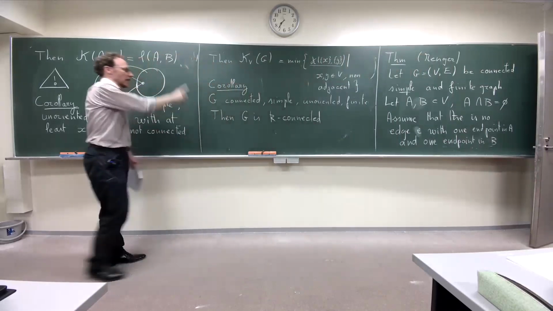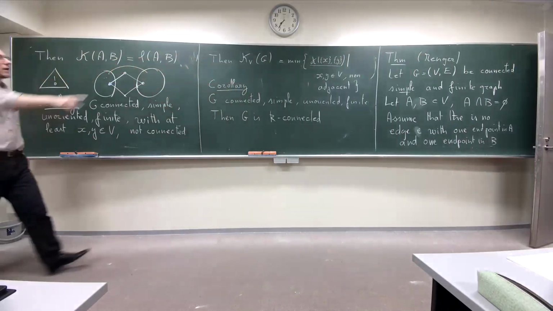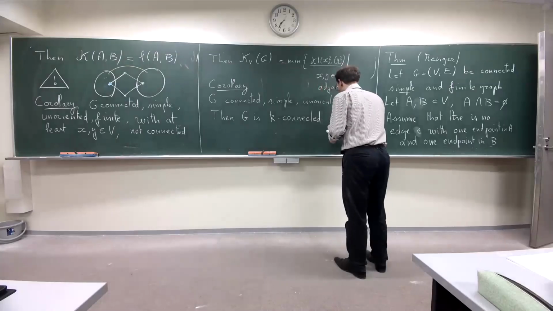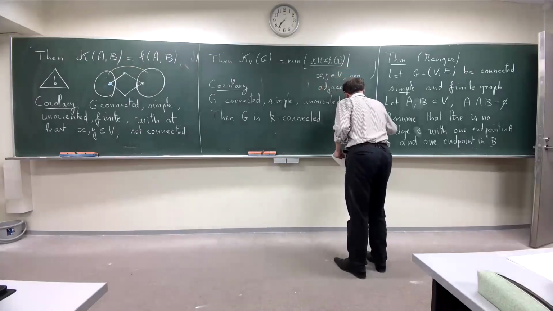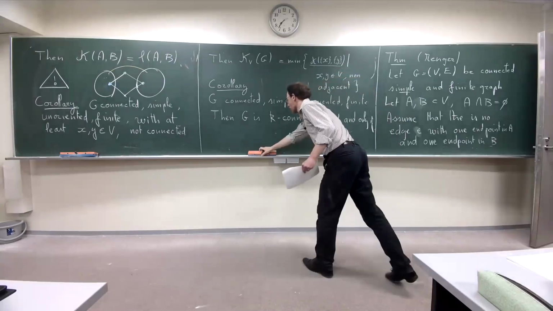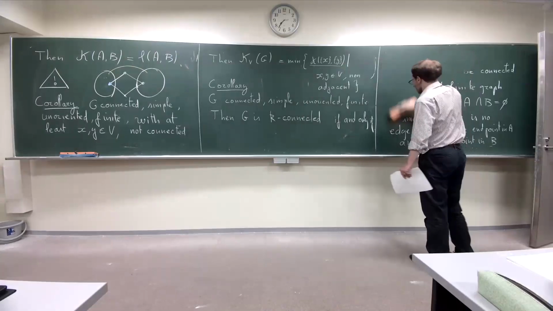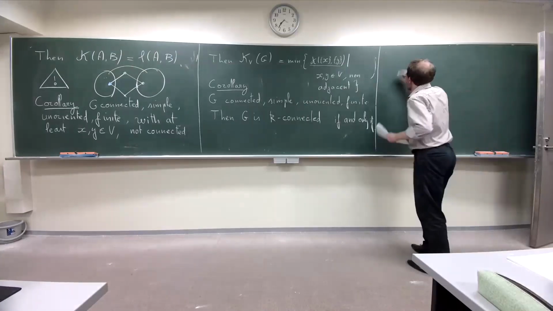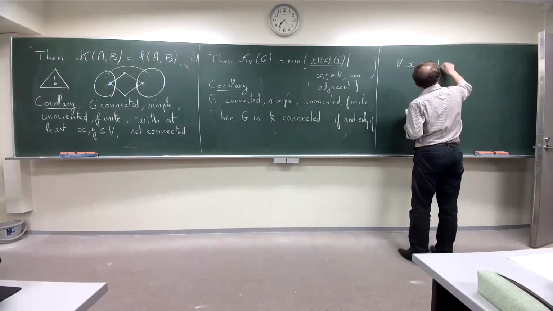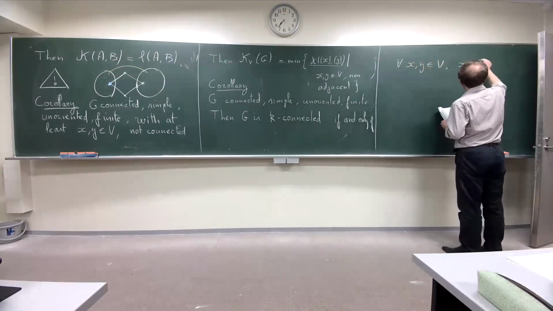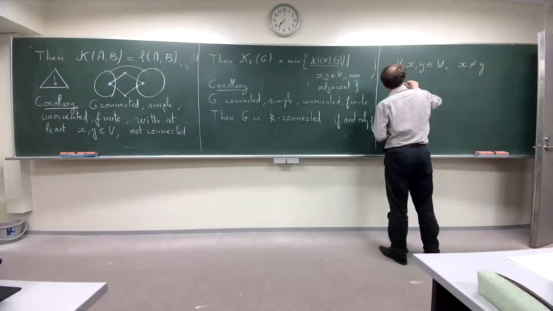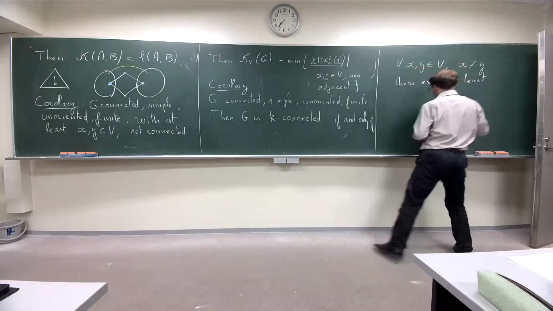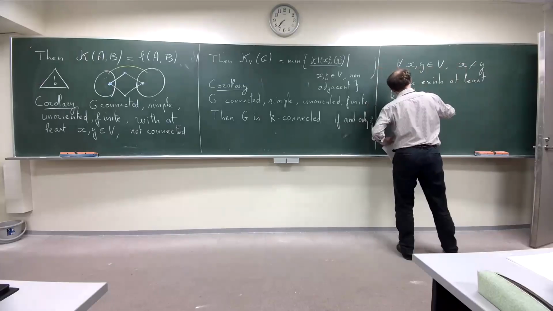It means kappa V of G is at least K. G is K-connected if and only if for any X, Y vertices, X different from Y, there exist at least K internally disjoint paths.